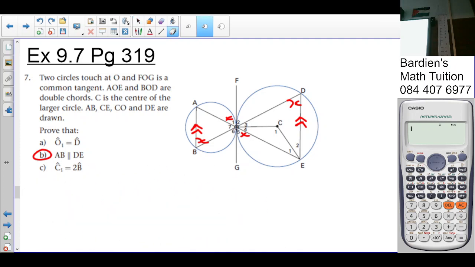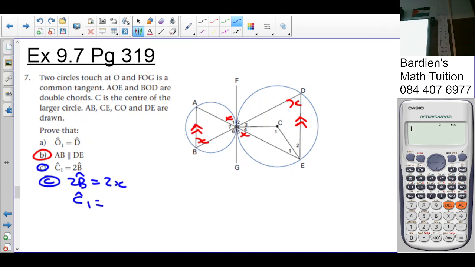Next question. C. You must prove that C1 is double angle B. But what is B? X. Did you see B? D is X. B is X, sorry. So if we can prove that C1 is twice X, we've done the job. Not so? So we know that 2B is 2X. Angle C1 is equal to? Angle at center is twice angle circumference.